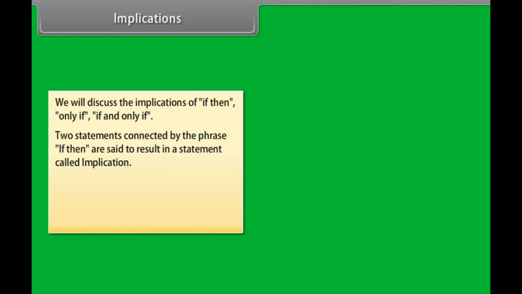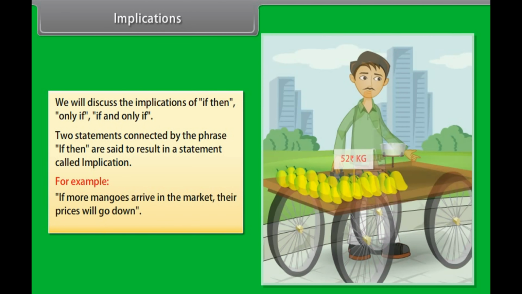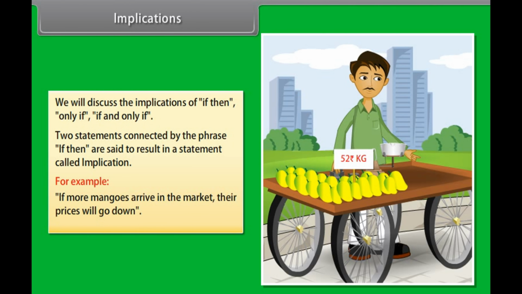Implications. We will discuss the implications: if then, only if, and if and only if. Two statements connected by the phrase if then are said to result in a statement called implication. For example, if more mangoes arrive in the market, their prices will go down.